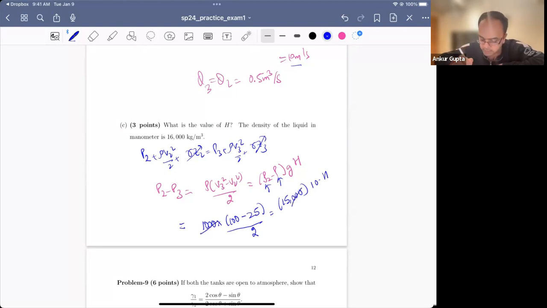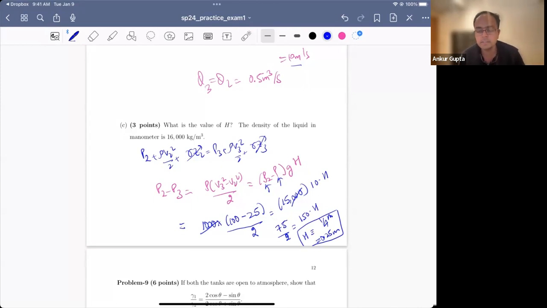We calculate this and we get 75 by 2 is equal to 150 times H. So capital H basically becomes 1 by 4 meters or 0.25 meters. We get this as the answer. Okay, so 0.25 meters. So it's a simple, nice calculation. You can use a calculator or something if you want, but that's the answer.